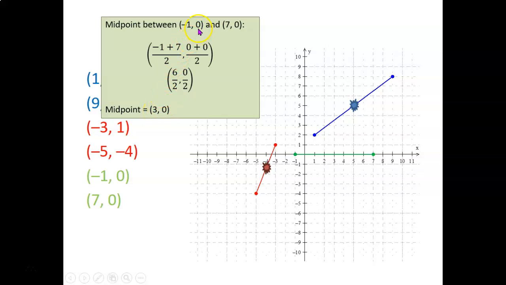And for the y-coordinate we get 0 plus 0, which is 0, divided by 2, which is 0. Remember, 0 divided by anything is 0. So our midpoint is 3, 0. If we start at -1, 0, and head on over to 7, 0, we'll be at the halfway point when we hit 3, 0.